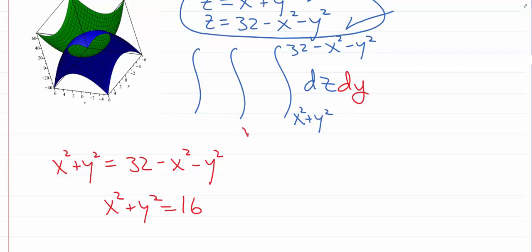It's going to go from 0 to the square root of 16 minus x squared. Okay? You'll see that from the circle. And then x is going to go from 0 to 4, right? Did you all see that? Any questions about that?